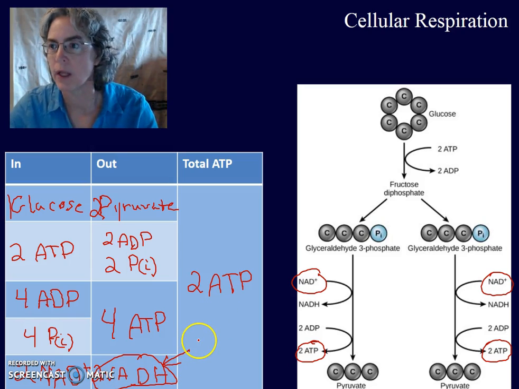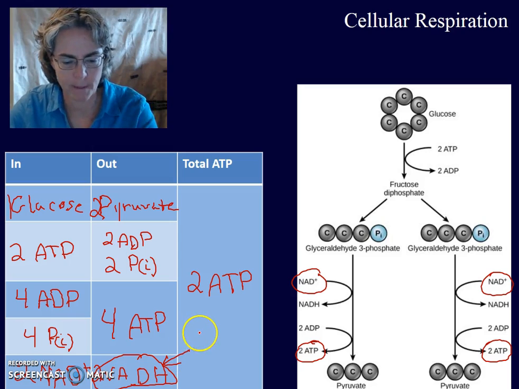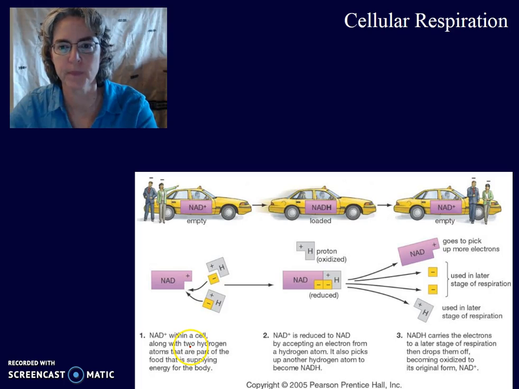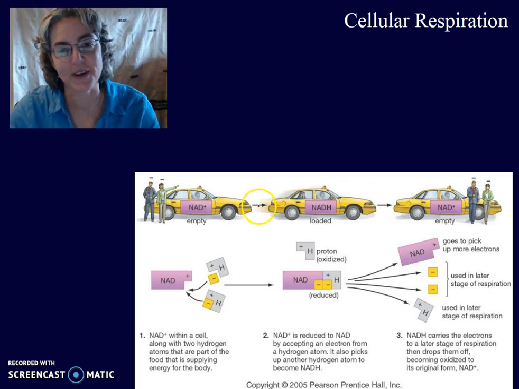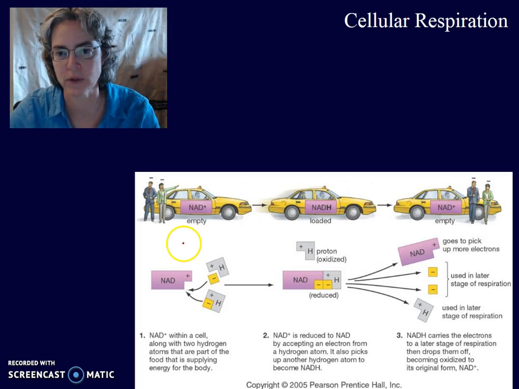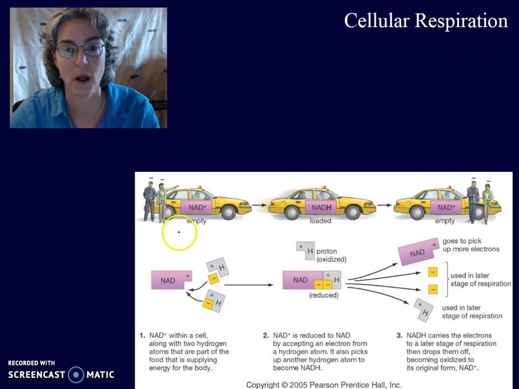Okay, so let's talk a little bit more about what that molecule is right there and why it's called a high energy electron carrier. Okay, I like this picture. I think it helps me to visualize what's going on. So there are high energy electrons in the glucose molecule.